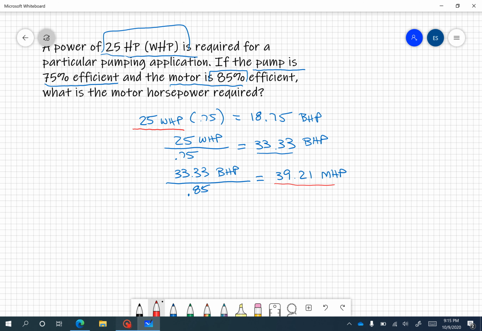And so now if you understand this concept, you can actually make this equation a little bit shorter by doing it all in one fewer step.